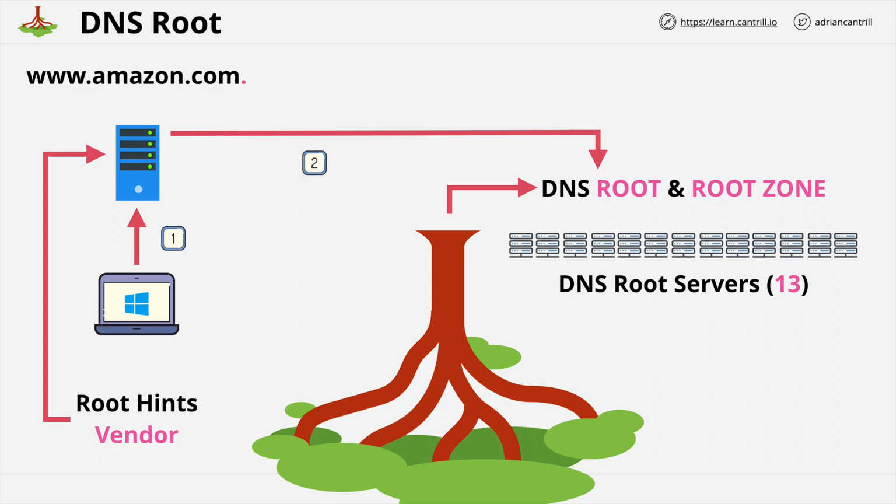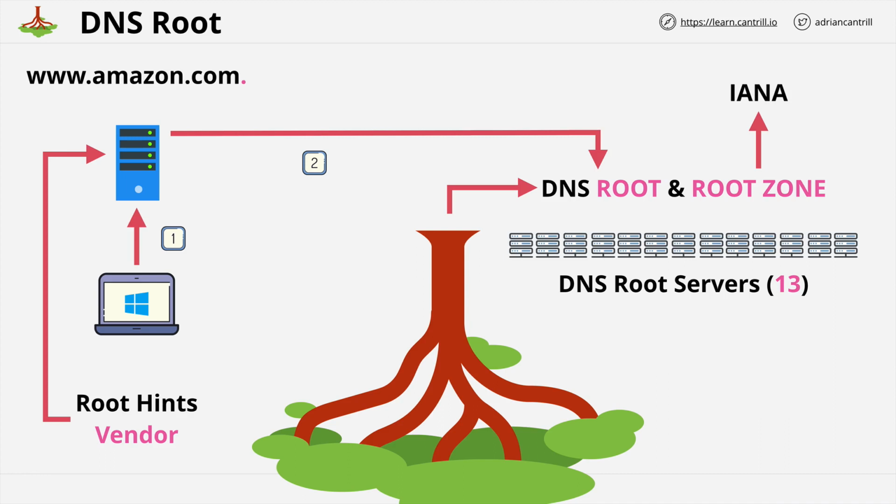Now, the root zone is managed by an organization called IANA, the Internet Assigned Numbers Authority. It's their job to manage the contents of this root zone. This is a separate job from managing the root servers which host the root zone.